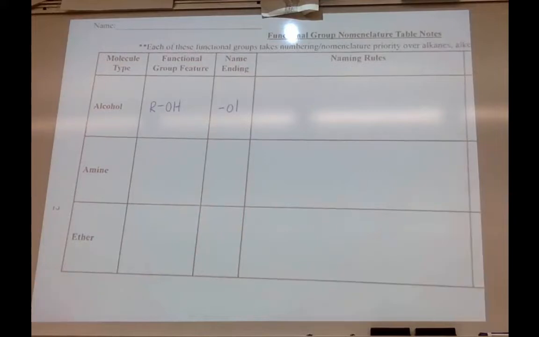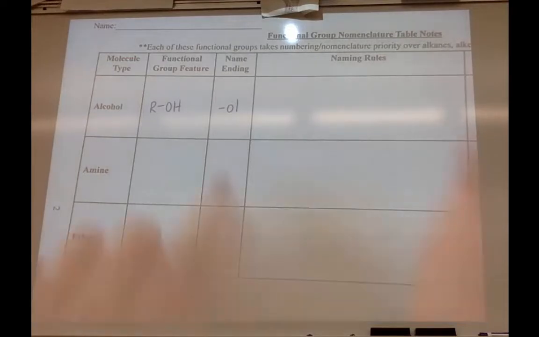The ending for an alcohol is OL. You see alcohols all the time. Ethanol, methanol. You used those yesterday. Those are alcohols. When it comes to naming alcohols, this is another one that we see prefixes with.